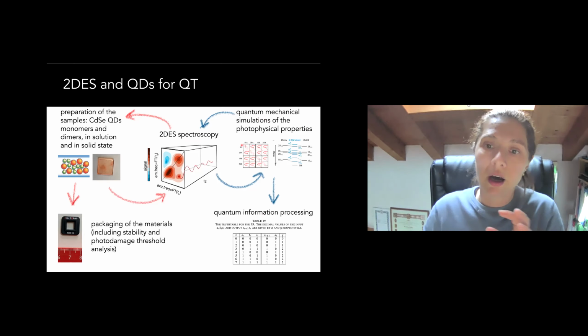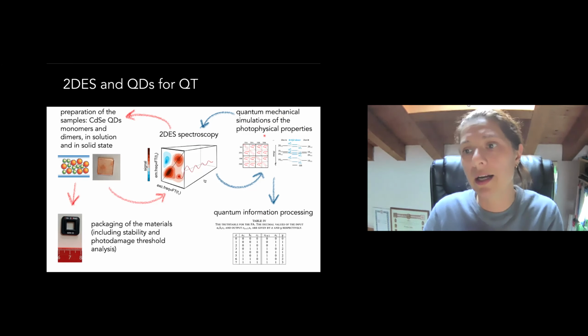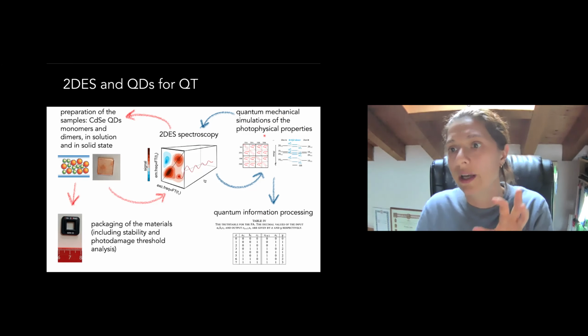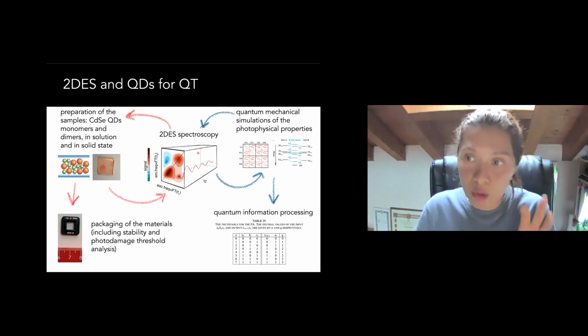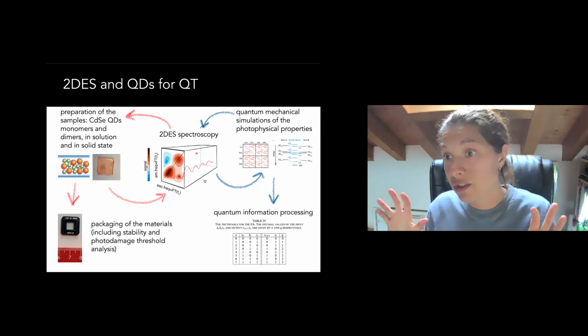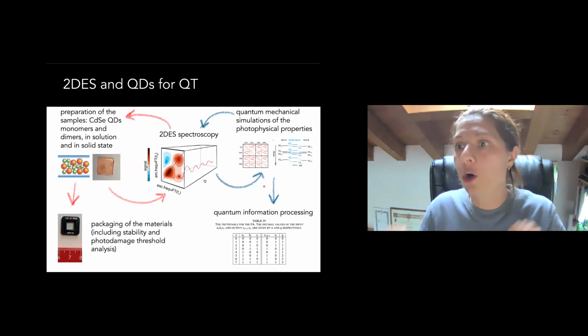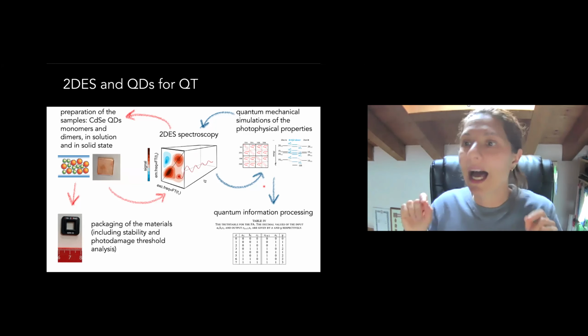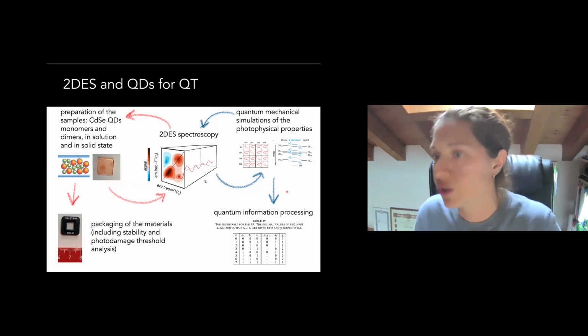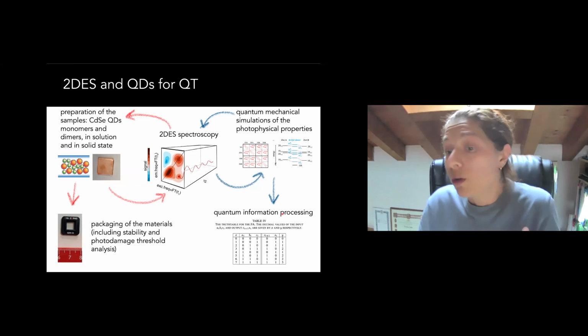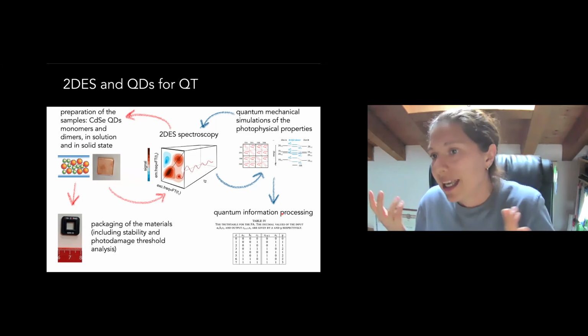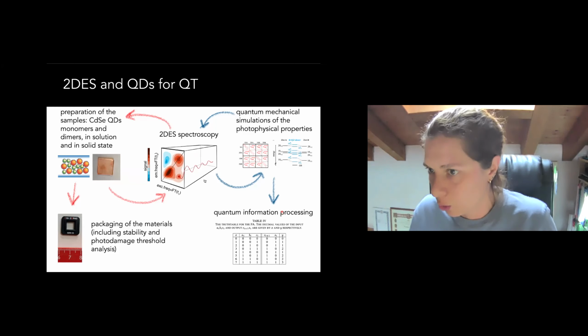Basically, this quantum mechanical simulation allows us to read a multidimensional 2D response as a multidimensional tensor of logic variables used for massively parallel and highly efficient quantum information processing schemes. And quantum information processing is one of the examples, right, of quantum technologies.